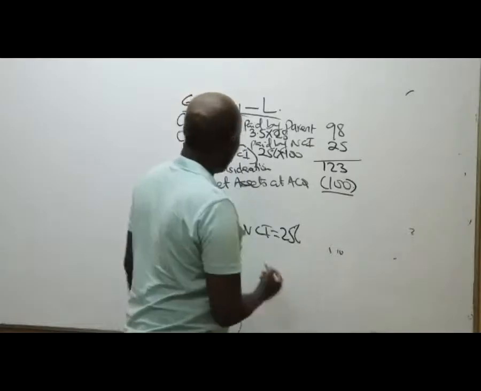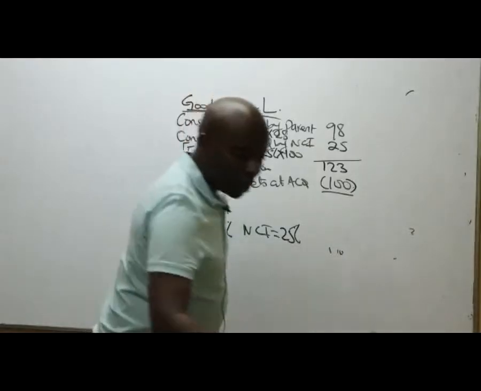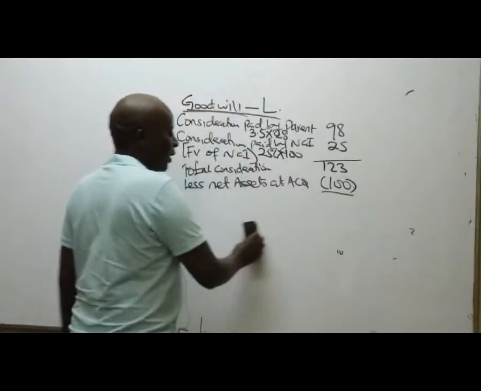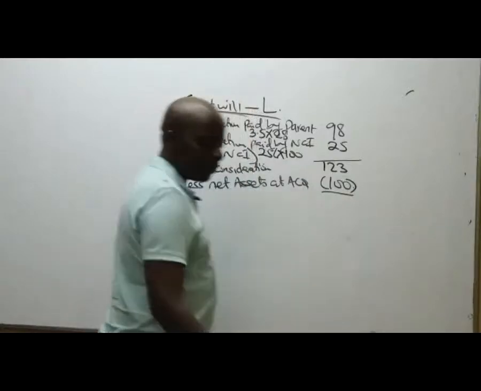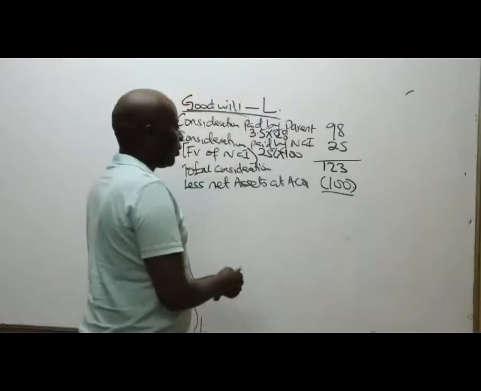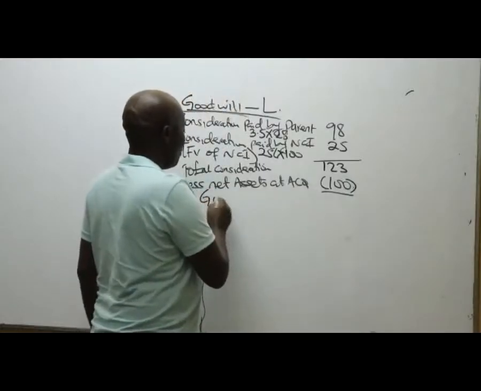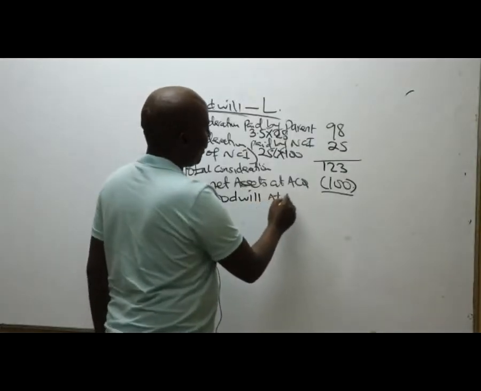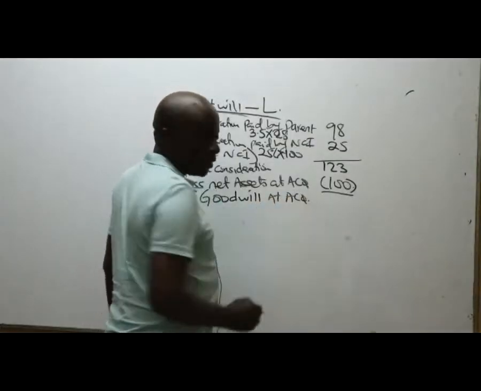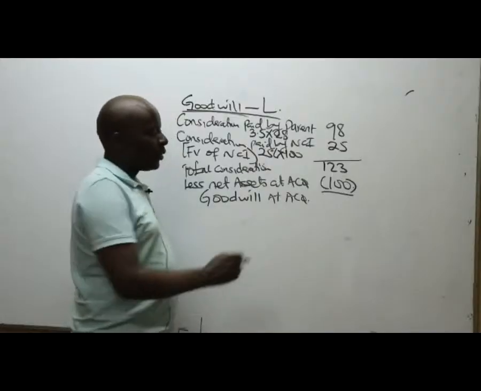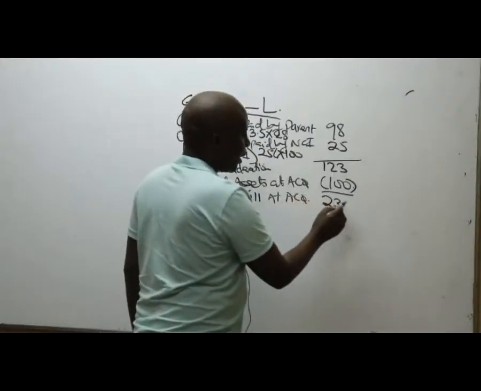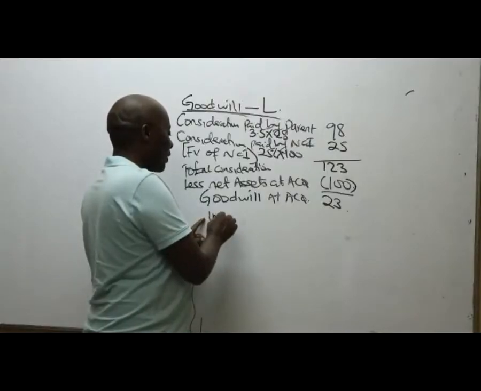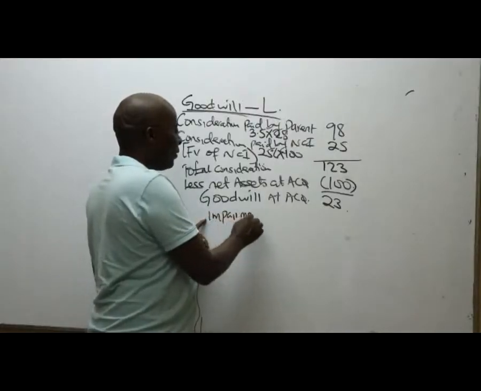And if you subtract like that, then you'll be able to give us the goodwill at acquisition. Somebody is telling me it is 23. Unfortunately for L, there is no impairment given in the question.